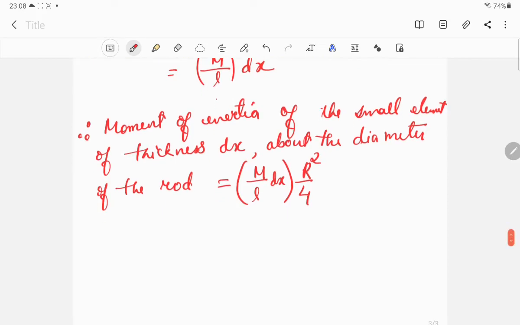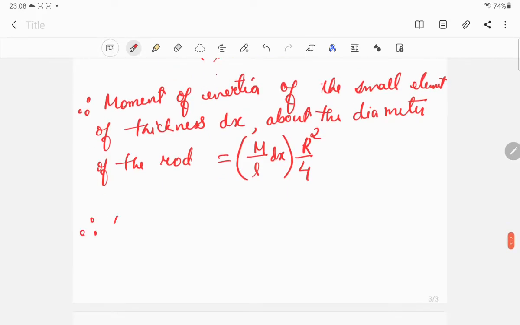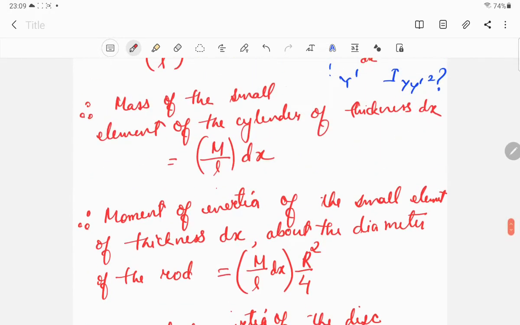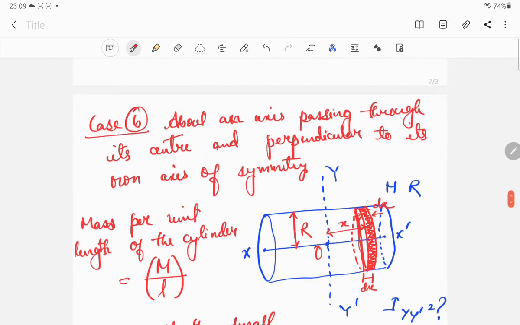Okay, so therefore moment of inertia of the disk about the y dash axis is equal to. So if I ask you what is the moment of inertia of this particular elementary disk about y dash, then we need to take the help of the parallel axis theorem.